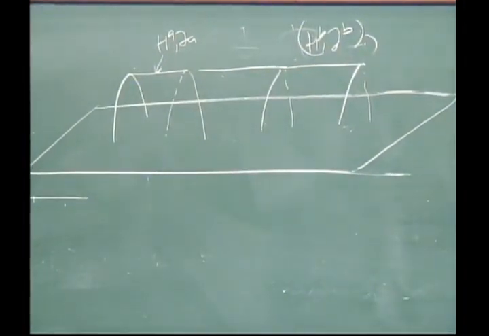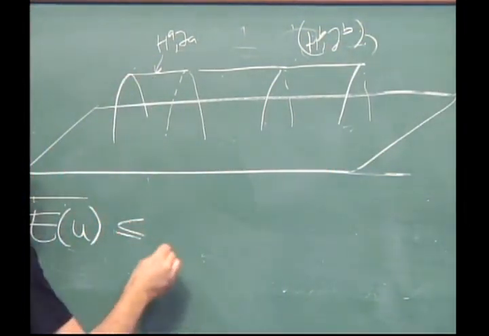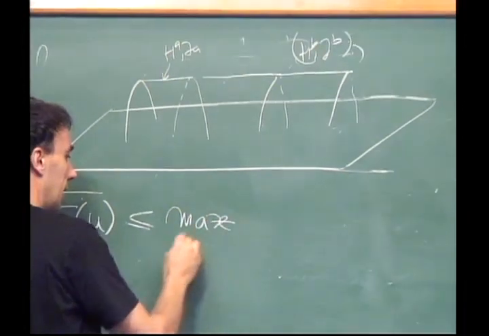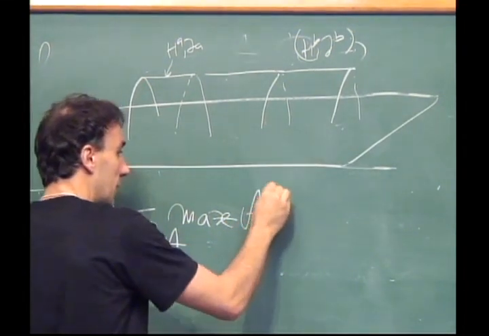We need at some point to have the uniform bound on energy. So the uniform bound here is, as before, the maximum of differences of critical values.